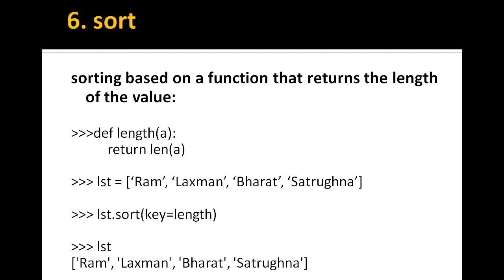This function does not decide based upon the character in the alphabet. It simply decides based upon the length. If same length values are there, then the value that occurs first in the list will be first. Here Lakshman is before Bharat in this list, so Lakshman is before Bharat in the result also.